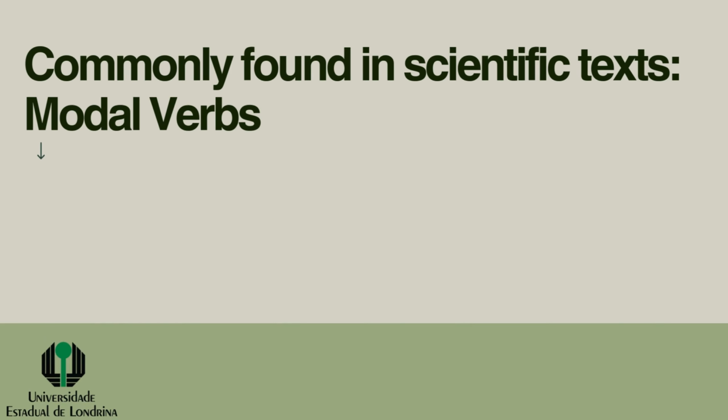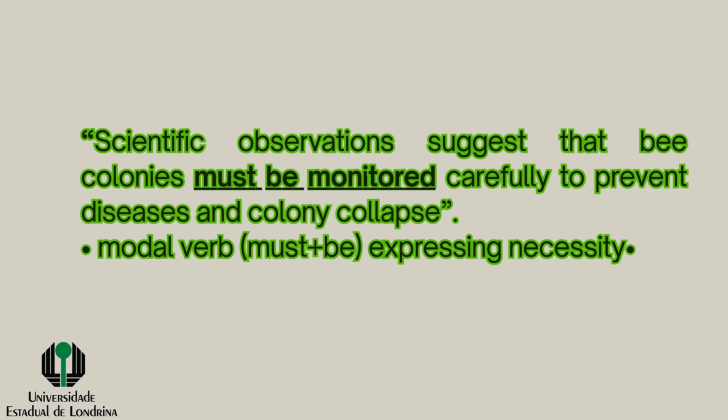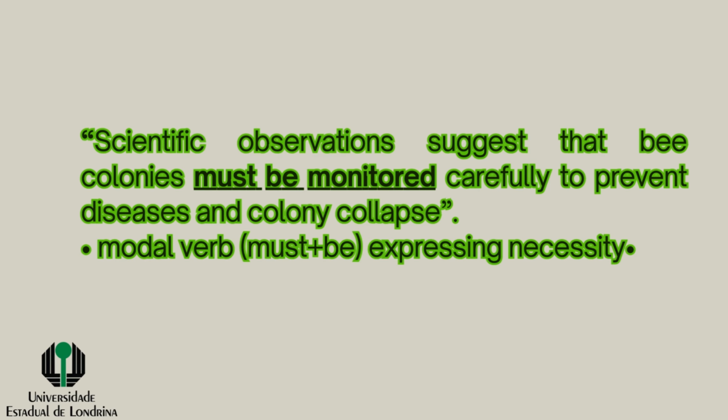In this case, following the example of the article, let me show you an example. Look at that phrase. Scientific observations suggest that bee colonies must be monitored carefully to prevent disease and colony collapse.